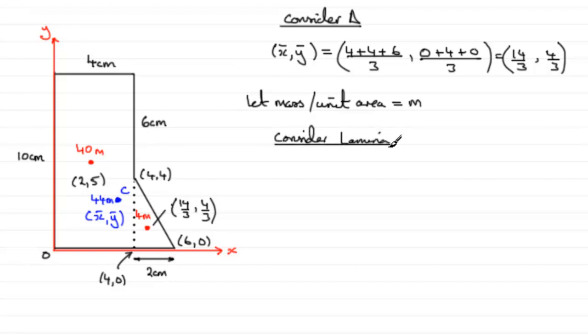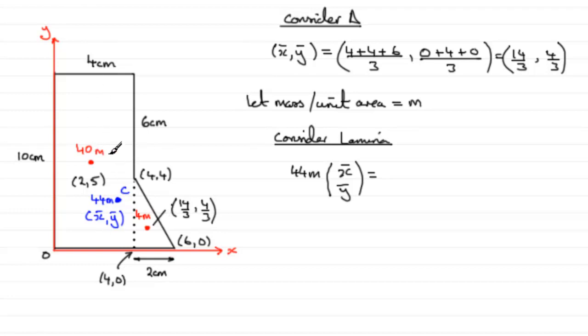If we do that, we're going to have the total mass, 44m, multiplied by x bar, y bar, is equal to the moments of each of these individual masses about the x and y axis.